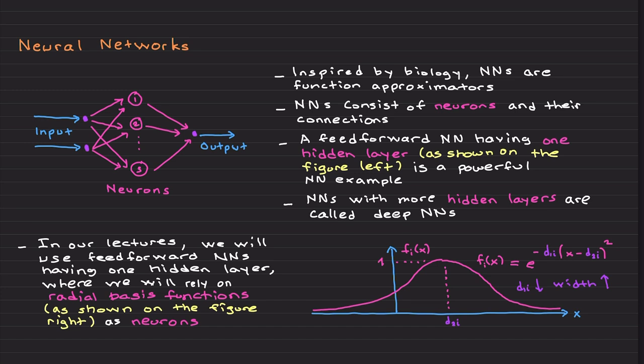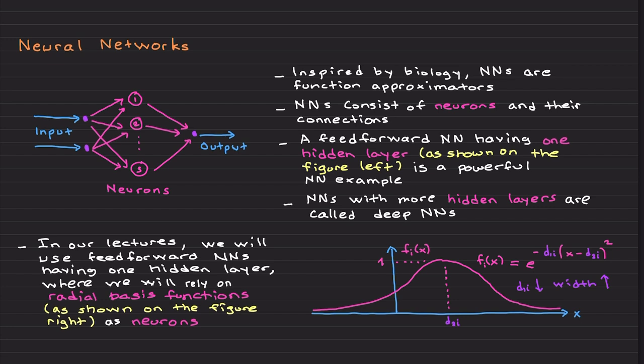For example, in this figure, there is a feed-forward neural network. There is no feedback; information flows in one direction. It has one hidden layer, and this type of feed-forward neural network with one layer is a powerful neural network example. It is a very good approximator.